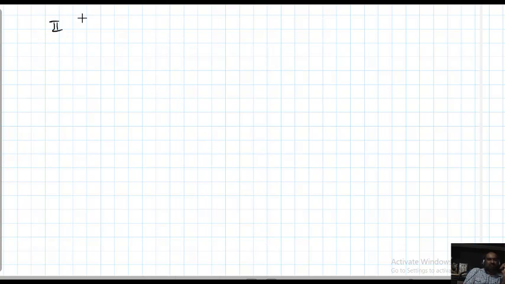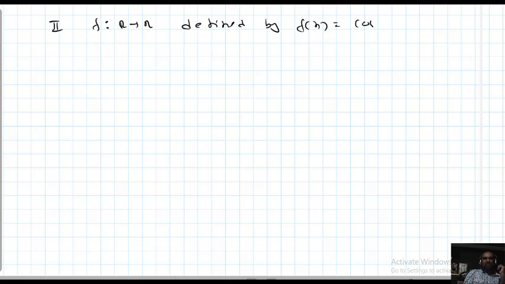The second one is the cos function. I will write: f maps R to R defined by f of x equal to cos x is not a bijective. How can you say?